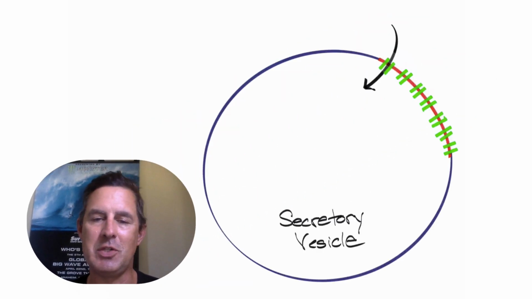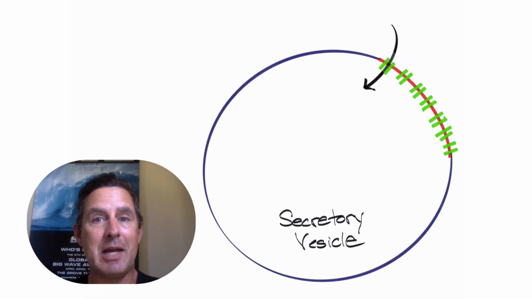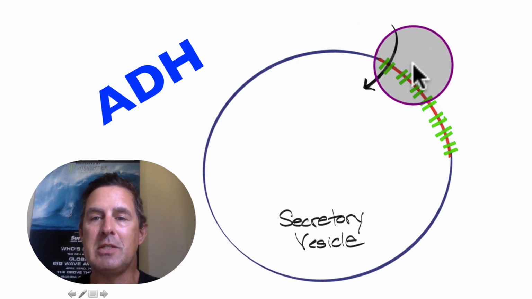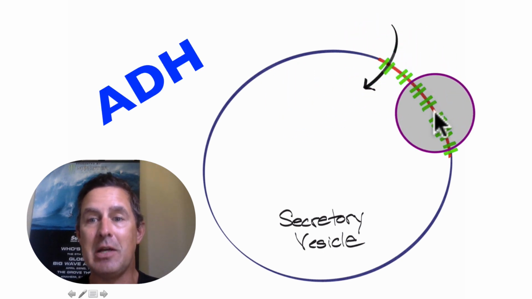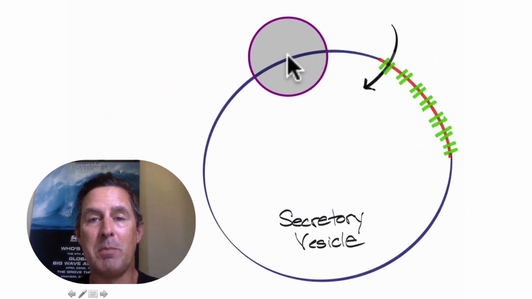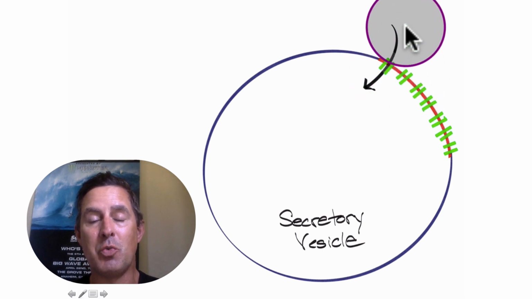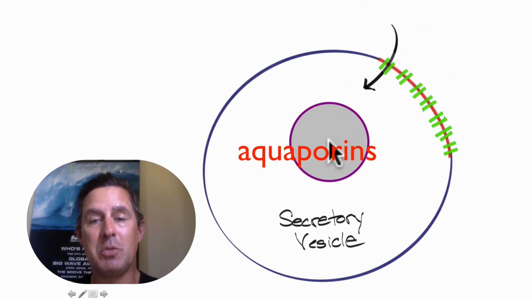I've skipped a few steps. There has to be some sort of stimulus. In the previous example, the stimulus I showed you was calcium. Here, a stimulus could be antidiuretic hormone. If these channels, which are now embedded within the phospholipid bilayer of the cell, are aquaporins, they would allow water to move into this cell.